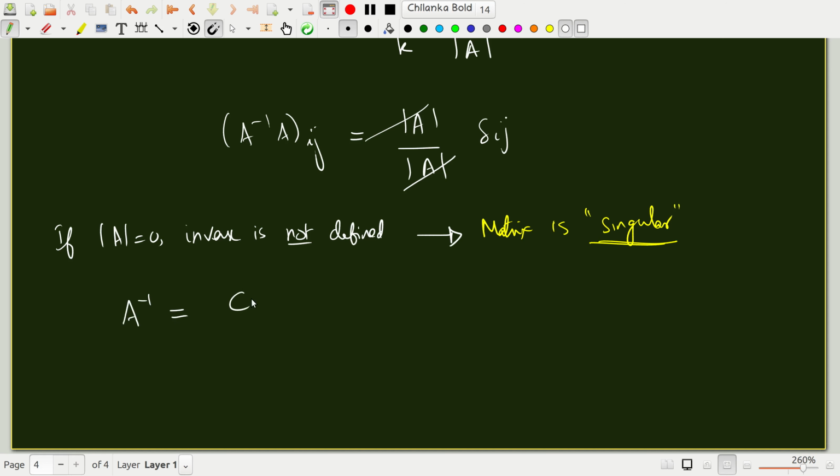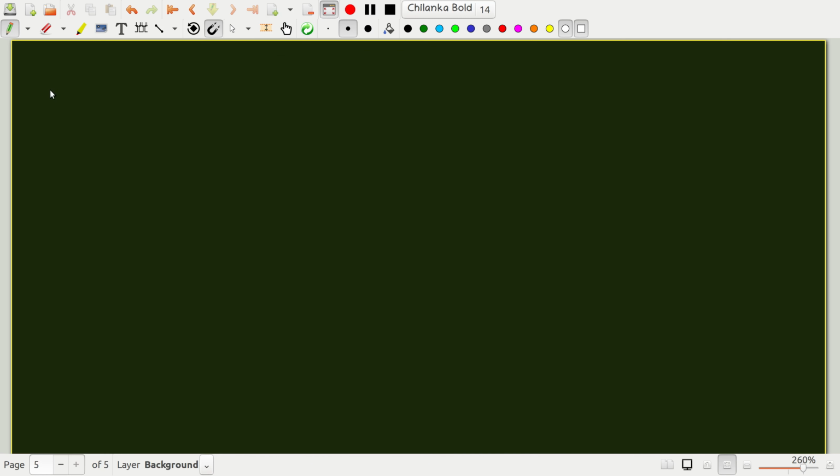So the inverse of a matrix is given by the transpose of its cofactor matrix divided by the determinant of A. Now there are some readily derived corollaries which I will not spend much time on. First, you can show that the inverse of A inverse is nothing but A. Secondly, the inverse of A transpose is the transpose of A inverse. That is, the inverse of the transpose of a matrix is the transpose of its inverse.